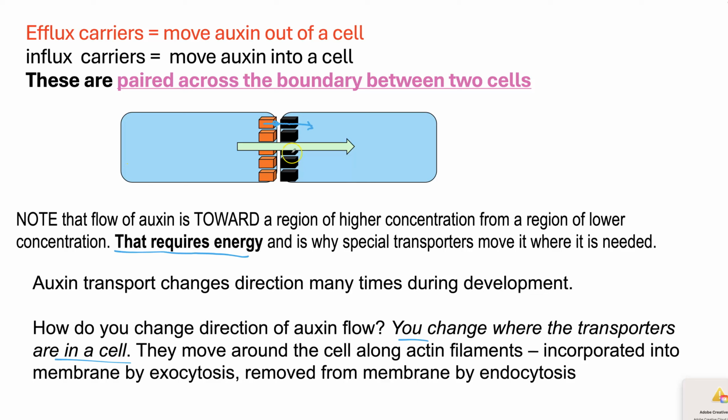So if we wanted to move the direction, if we just called this right and left, just for the sake of argument, here you'd have the efflux transporters on the right side of the cells and the influx on the left side so that they can be paired.